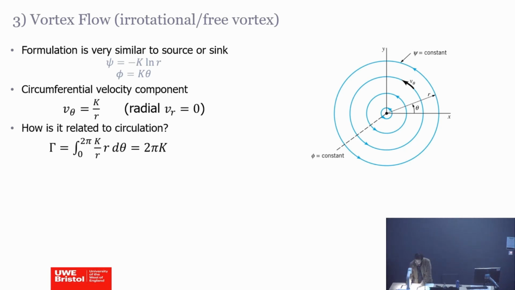Let's consider a small element like this, and let's call this small element dr. The speed at this very small element will be tangential. That's v theta. Everyone happy? And let's say this is at an angle theta like that.